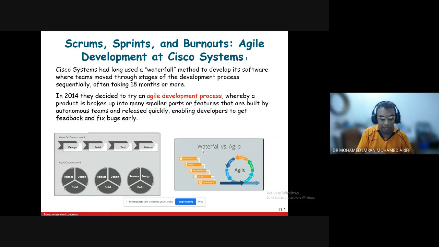They break the product or service into several modules, and each module is done very fast: design, build, test, design, build, test. Everyone does the same thing, but in different modules.